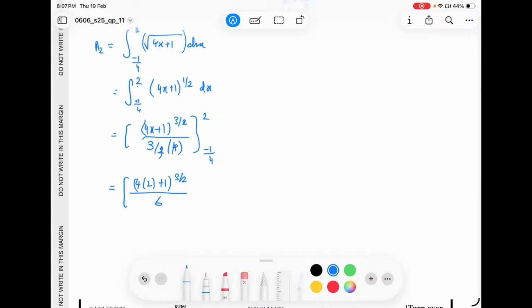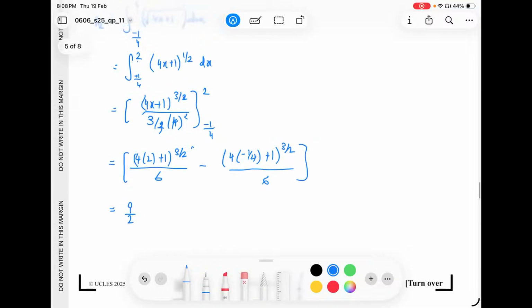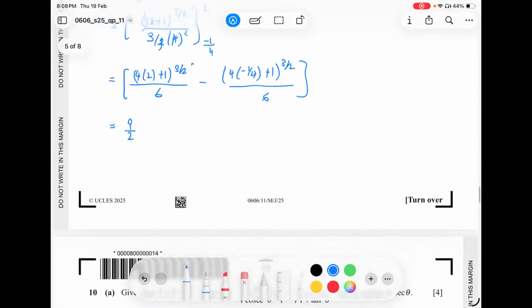So I just cancel this. 2 times 3 is 6, minus, now 4 times negative 1 over 4 plus 1, to the power of 3 over 2, over 6. So the answer you would get from here is 9 over 2. When you evaluate everything, you'll get a final answer of 9 over 2.